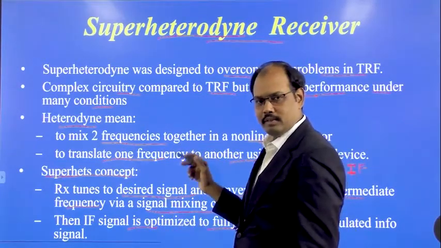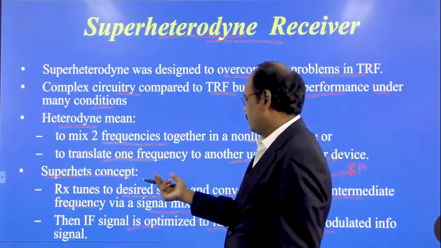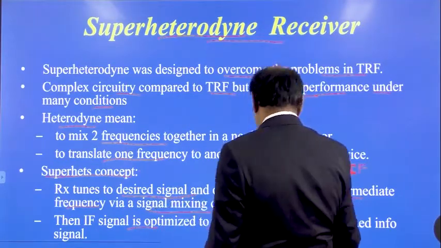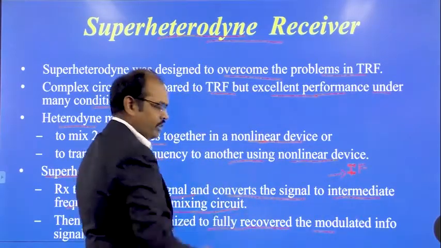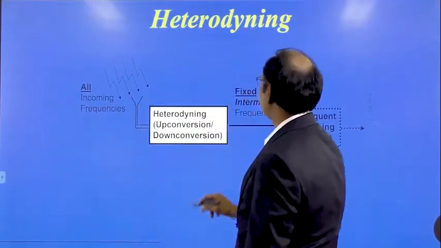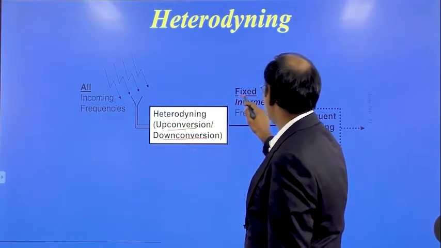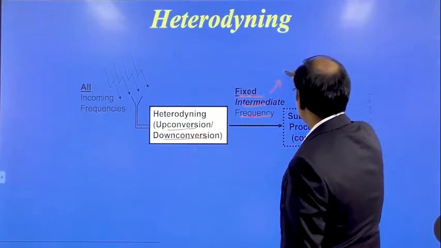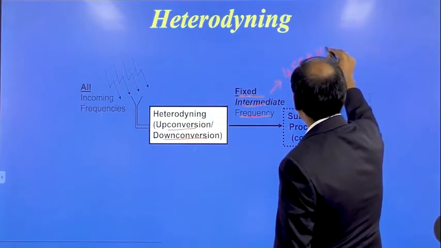Heterodyne means we mix two frequencies, or we convert one frequency to another, and the desired signal is converted into a frequency called the intermediate frequency. From the intermediate frequency we get back the original modulated signal. This is the concept of heterodyne, that is up conversion or down conversion. This is a fixed intermediate frequency. Normally the standard intermediate frequency is 455 kilohertz.